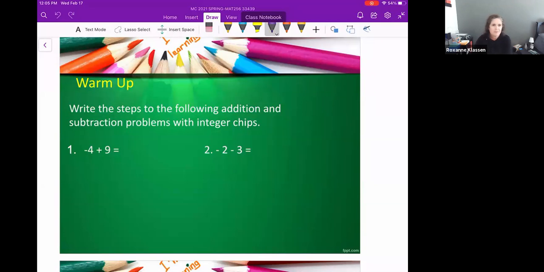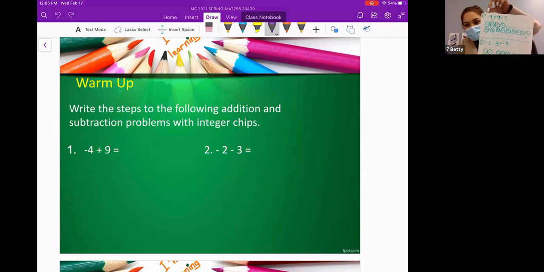Who wants to explain, share step for number 1 on the warm-up? I'll do it. I'm ready. This is how it looked. The first one, I put 4 of the negative chips and I put 9 of the positive ones.